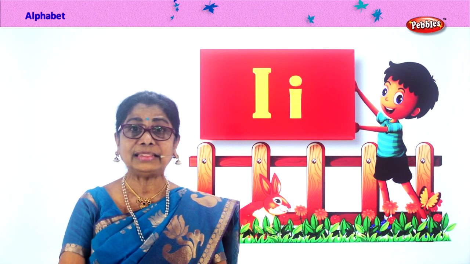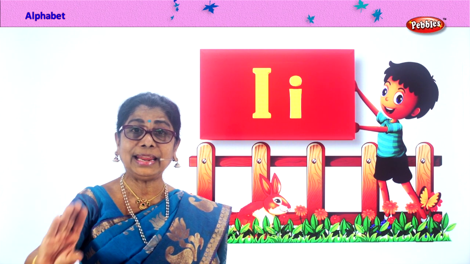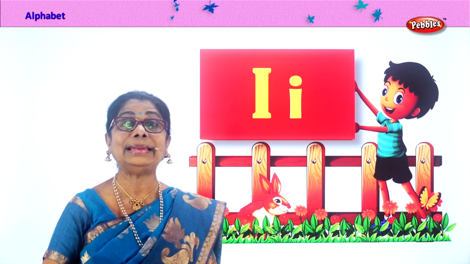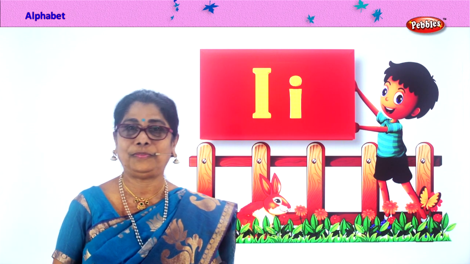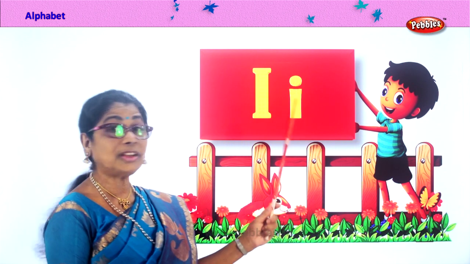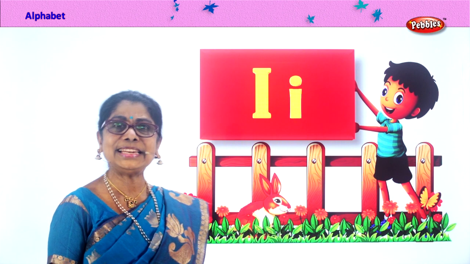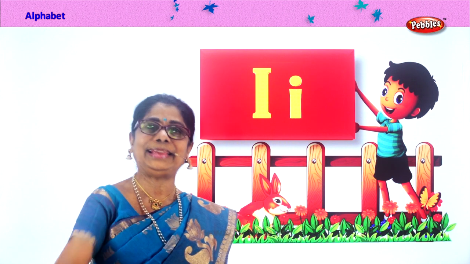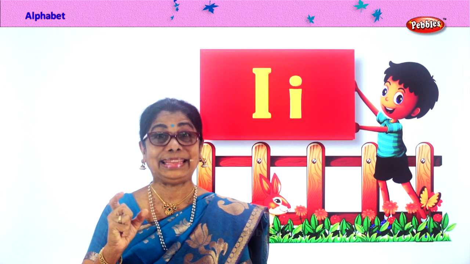Let's imagine there's a table, a tablecloth, an ink pot, and that tiny little mouse, your pet mouse, is climbing on top of it. All right? Now, what is the sound of letter I? E. Let's name the mouse Inky. Shall we? Your pet little mouse's name is Inky.